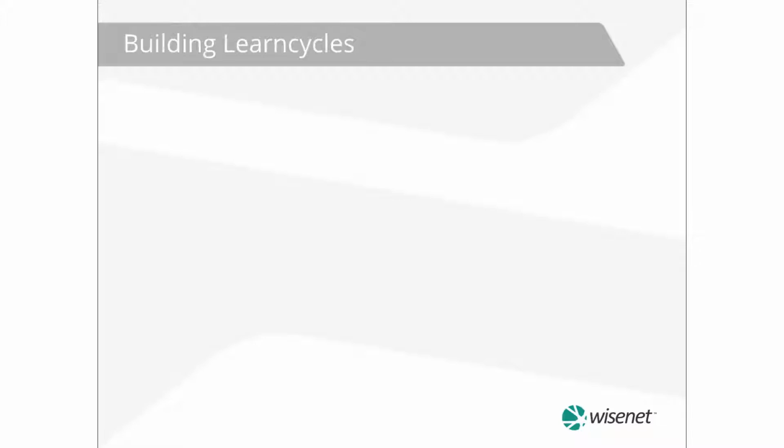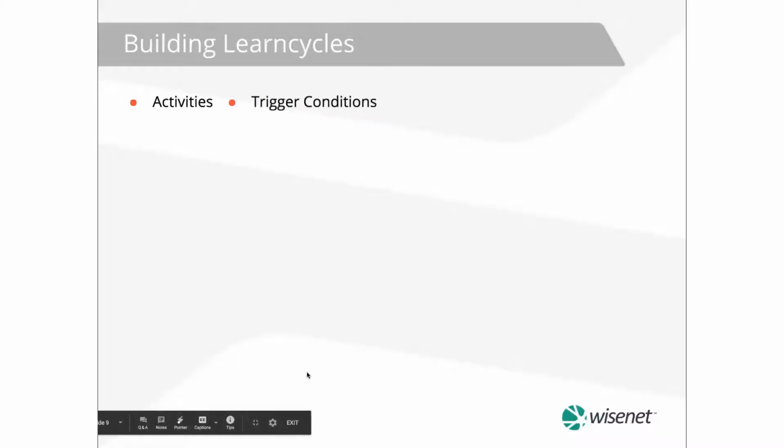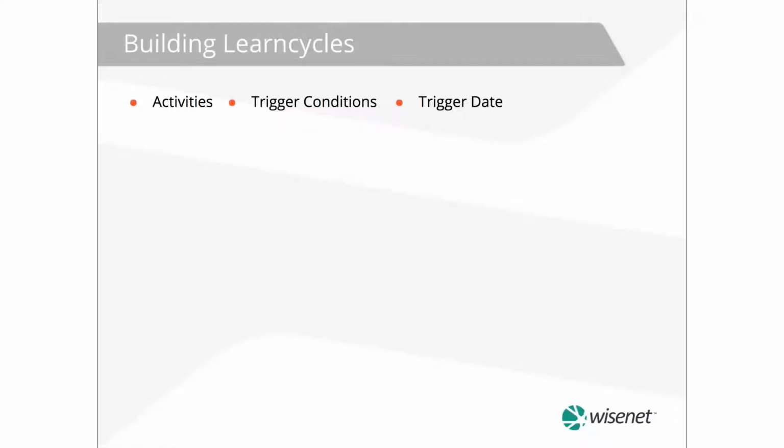The old learn cycles have definitely worked well, but we have redesigned the learn cycle interface and functionality based on all the valued feedback that we have received from you, which has resulted in this more powerful feature.